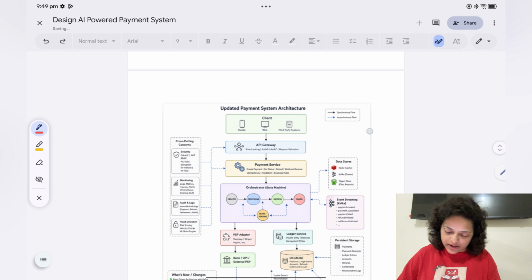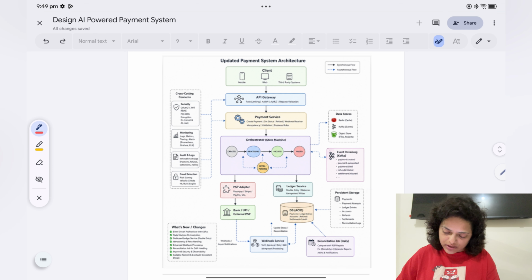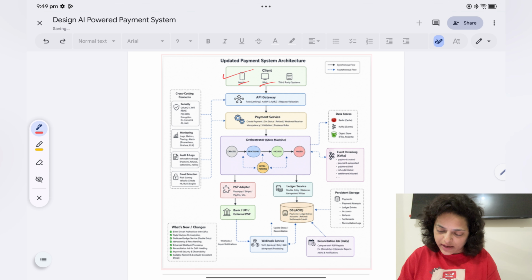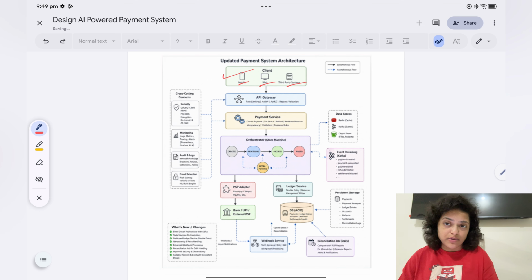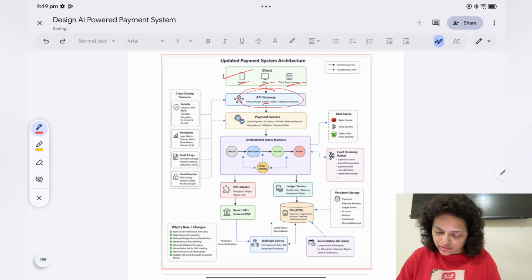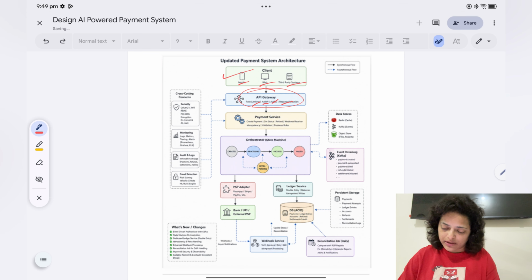Now the high level architecture, if you see here, this is the one. Here the user will use your application through mobile, web, or any third party system. The request will go to the API gateway, which will handle your authorization, authentication, rate limiting and request validation. After that your payment service comes into the picture.